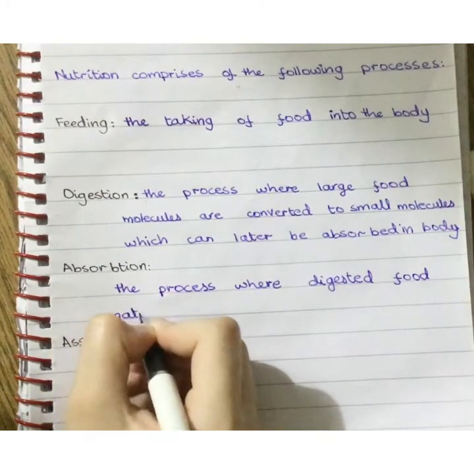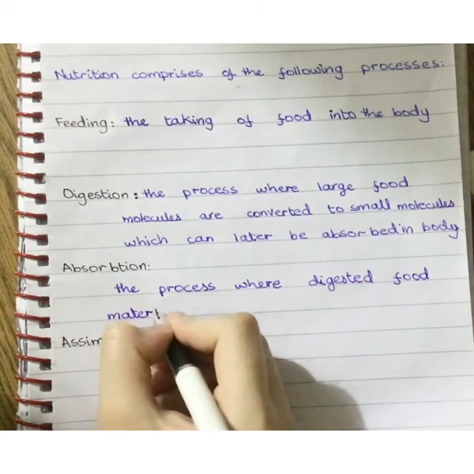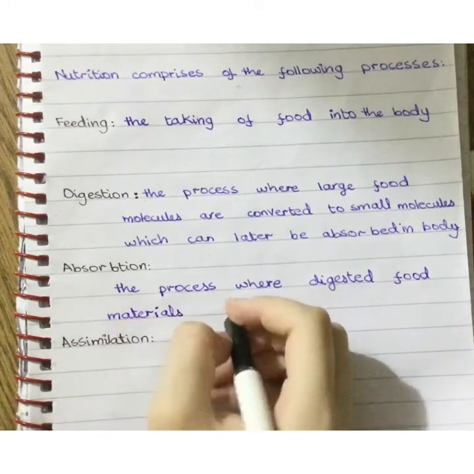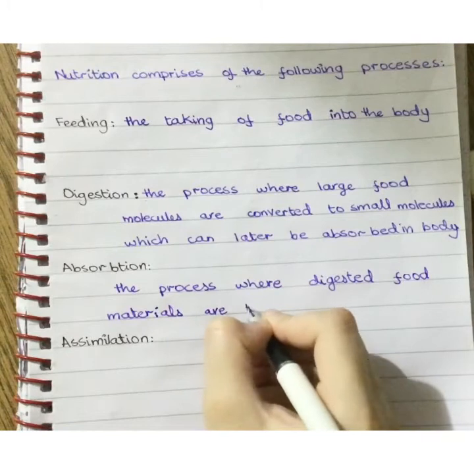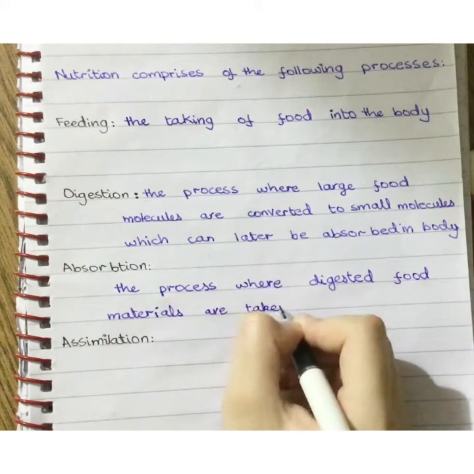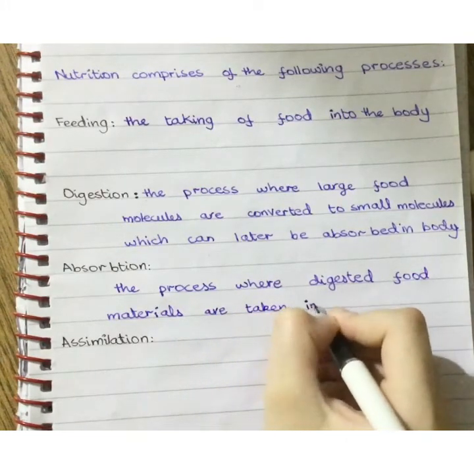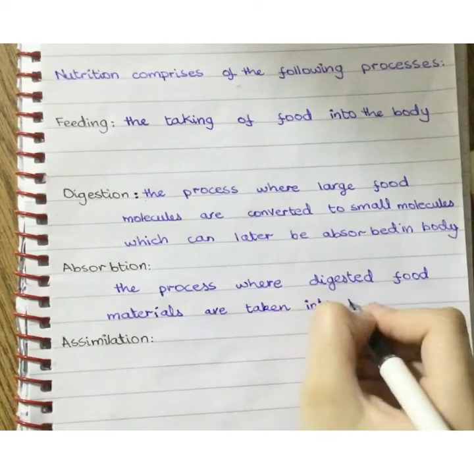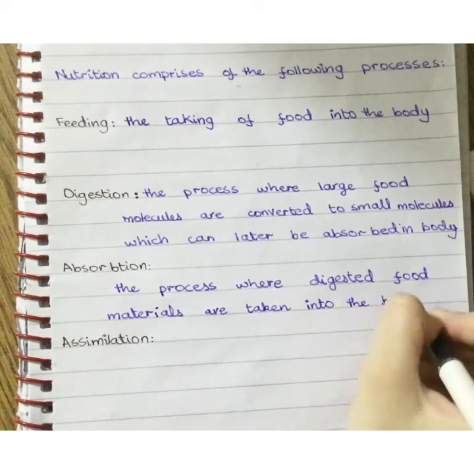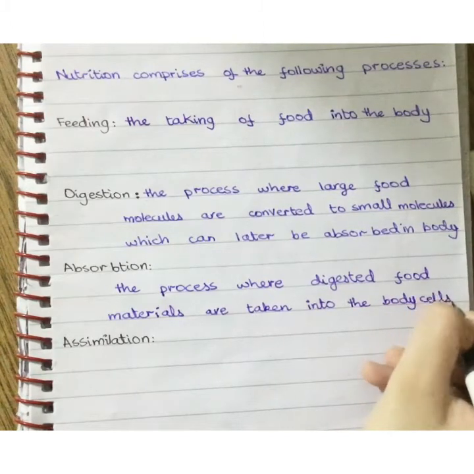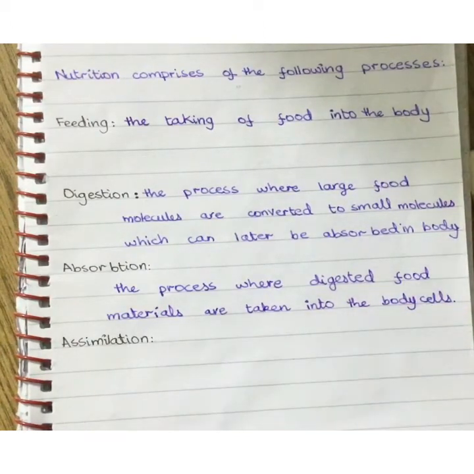That's called absorption, a simple definition. And absorption is mainly done in the small intestine. We'll be discussing it in detail afterwards, but we can say it's only done in the small intestine, in the duodenum, the first part, and the second part, the ileum.